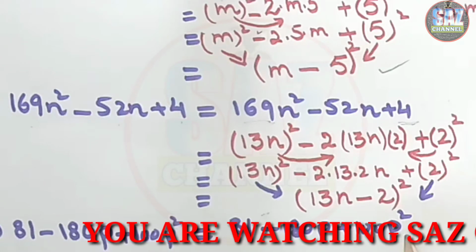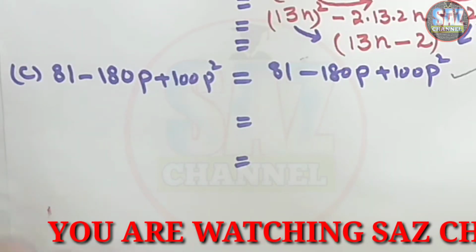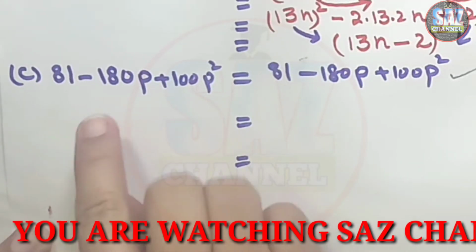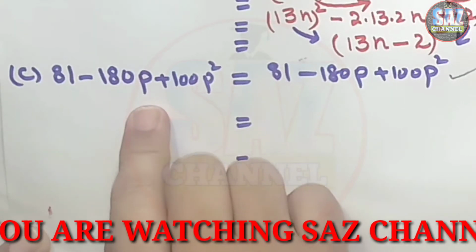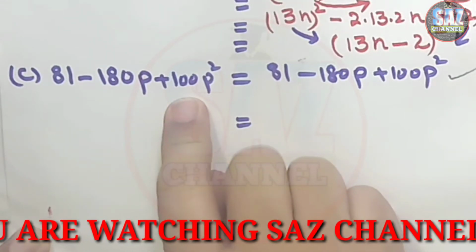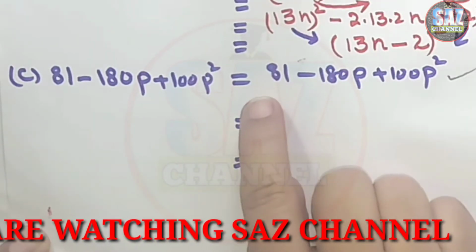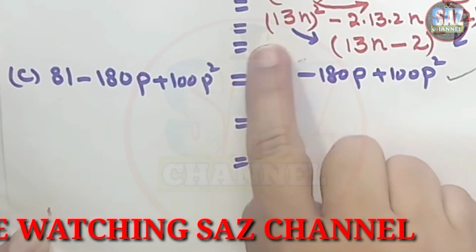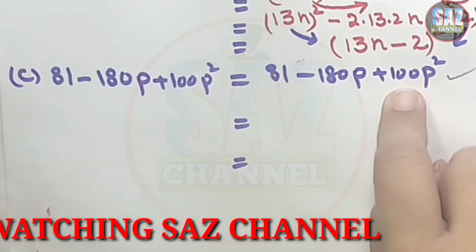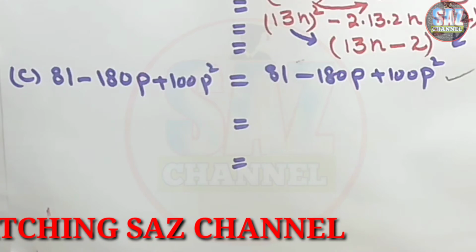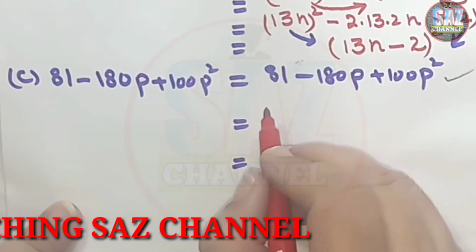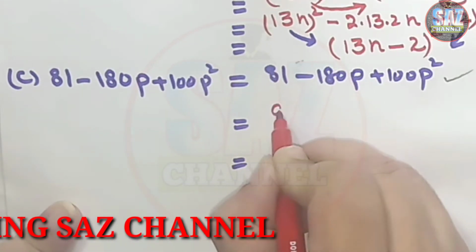Let's move to the next question. The next question is 81 minus 180p plus 100p square. Think about the numbers whose squares are 81 and 100. 81 is the square of 9.